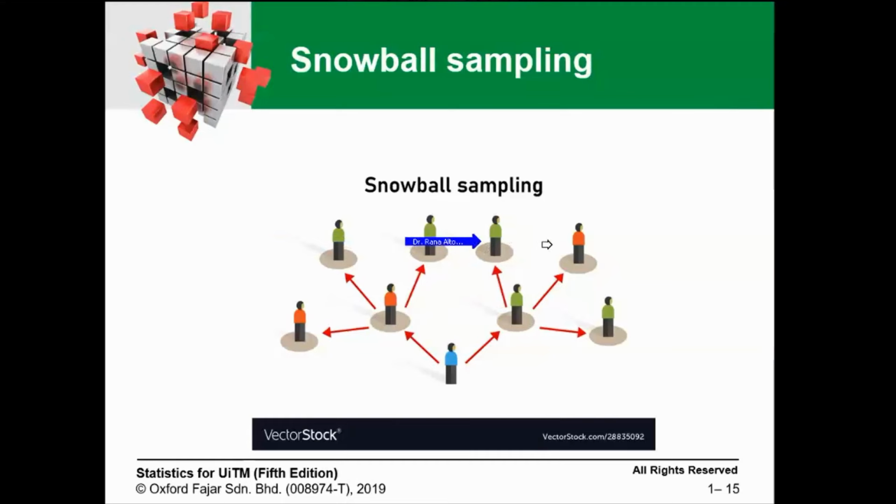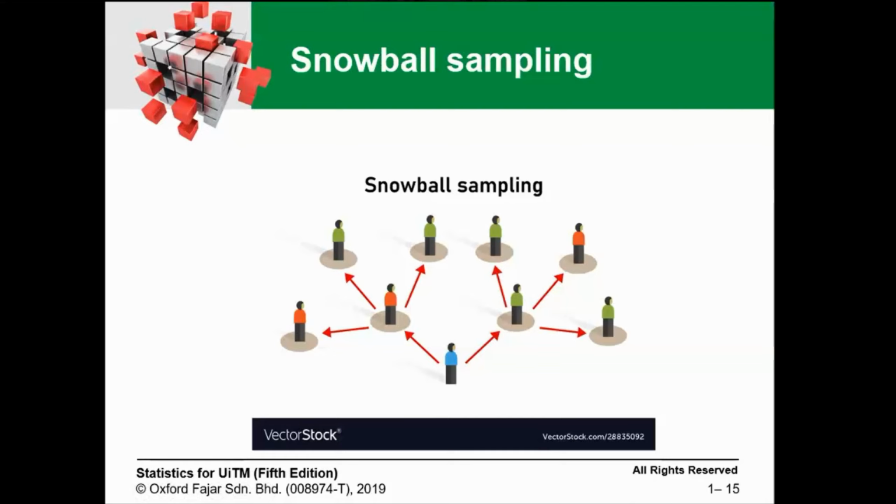This one has three friends, and then this one will get another friend, until we reach the desired number of items. So this is what we call snowball sampling. We need to find the first one first, then we proceed with the rest.